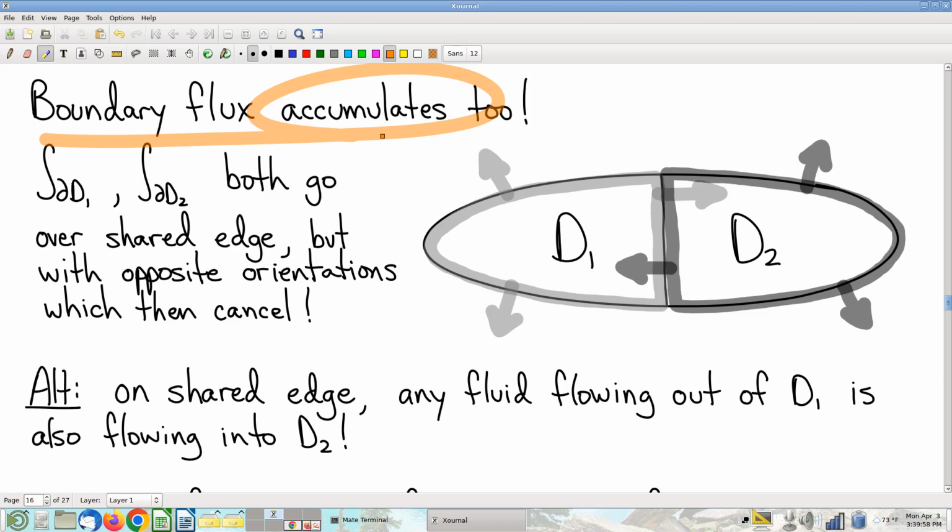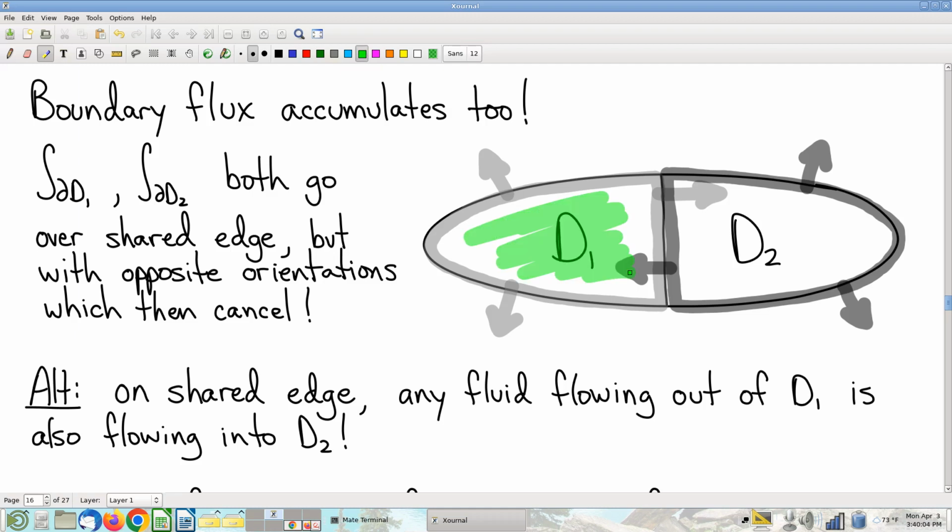And so to see that this is an accumulating quantity, we can look at this picture here. For this region on the left, this is what outward-oriented boundary flux looks like. That's for the green region on the left. Outward from all sides.